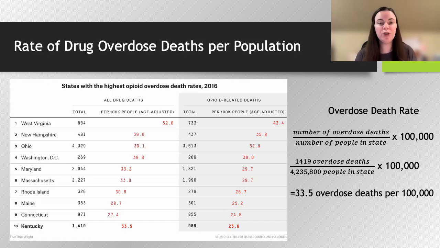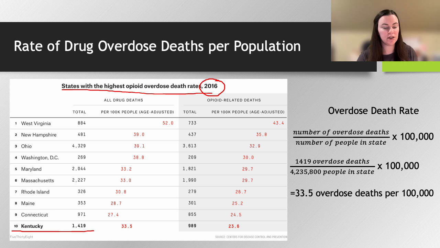As criminologists, we frequently use rates to communicate information about large samples and populations. In this case, what we're looking at here is the states with the highest opioid overdose death rates for the year 2016. And in this case, I'm going to use the example of the state of Kentucky here at the bottom.